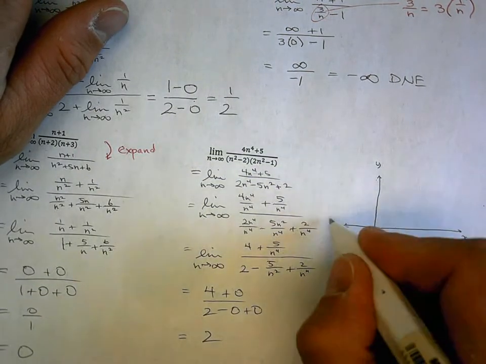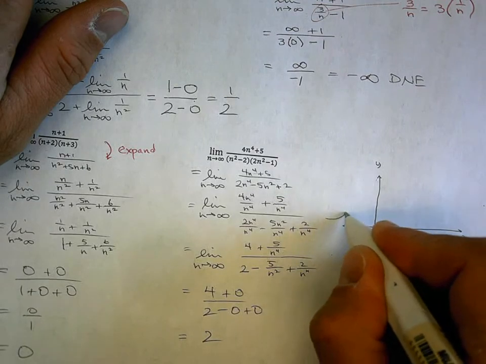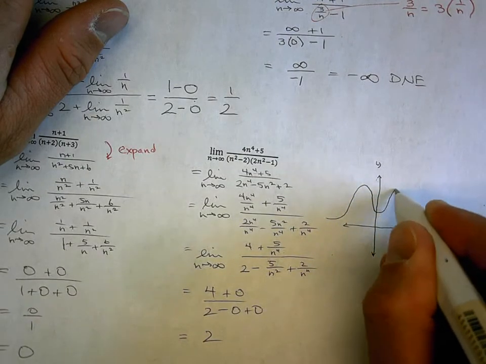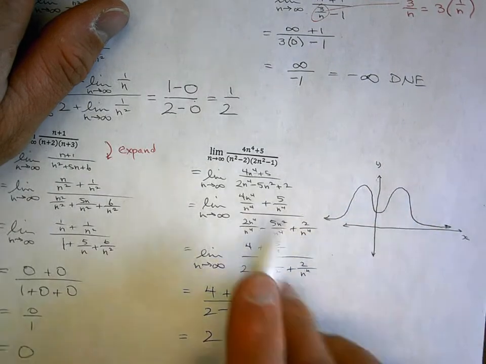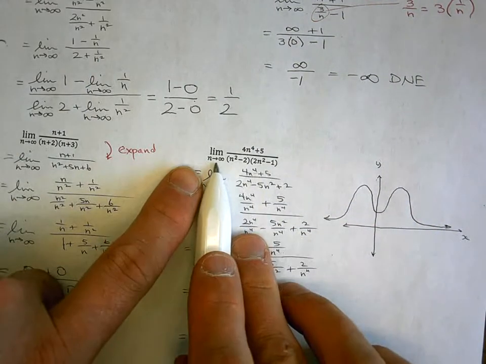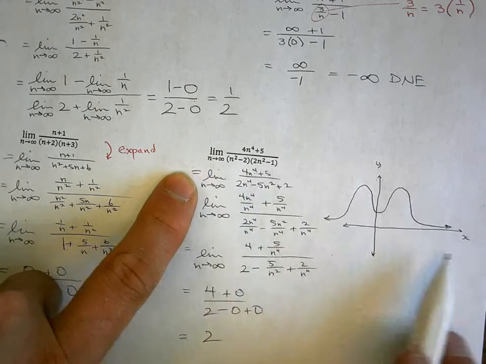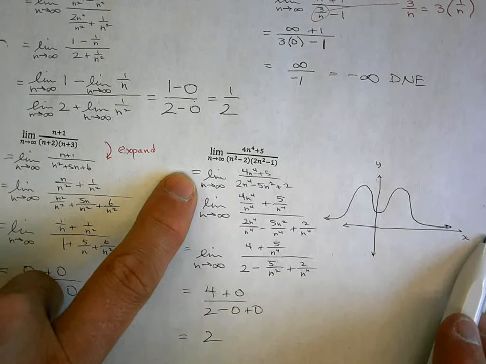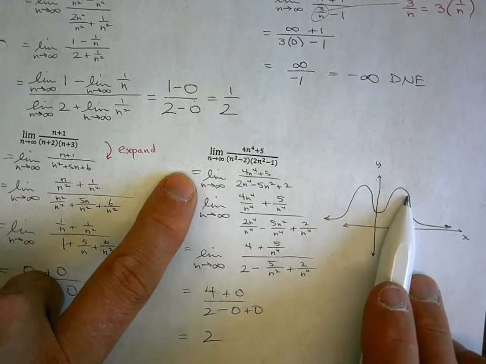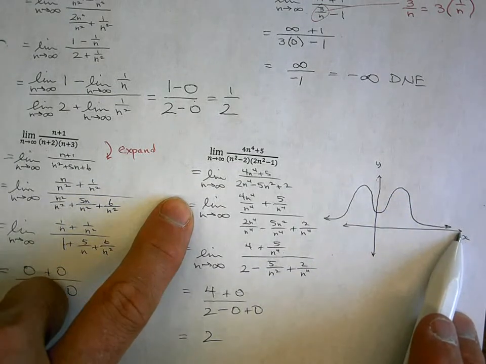It's kind of got this cool shape. So what we've really found is, what happens to this function as x approaches infinity? As you go along x, a very, very large number, the y value, or the limit, is approaching 2.